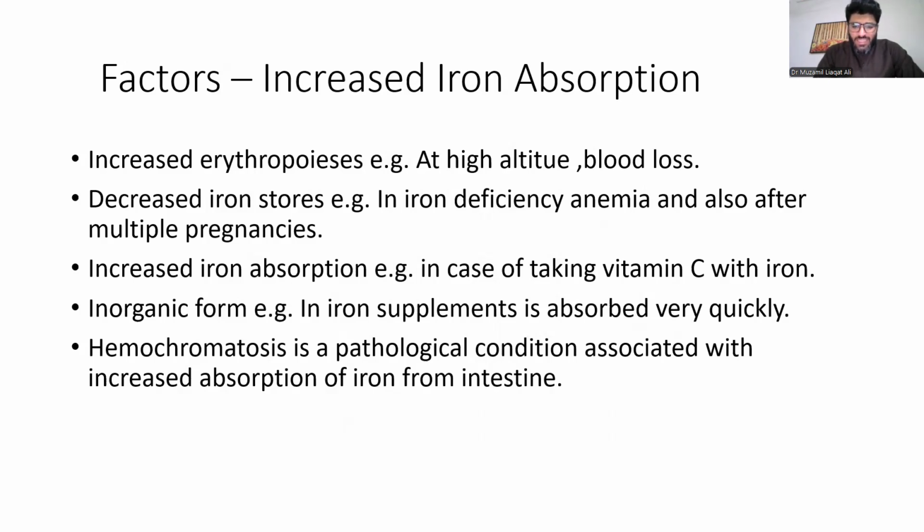Next is vitamin C, which, taken with iron, enhances absorption by reducing iron to the ferrous form. Next is inorganic iron, such as in iron supplements, which is absorbed very quickly. The next one is hemochromatosis, a pathological condition associated with increased absorption of iron from the intestine, leading to iron overload.